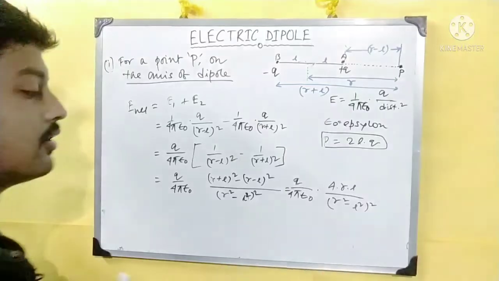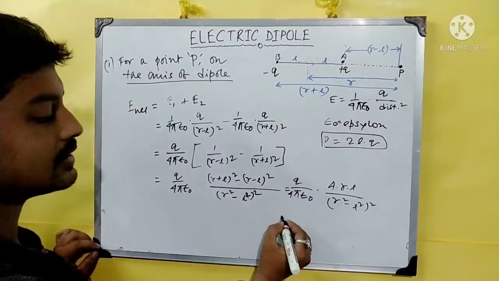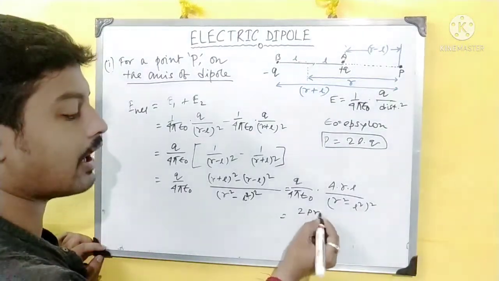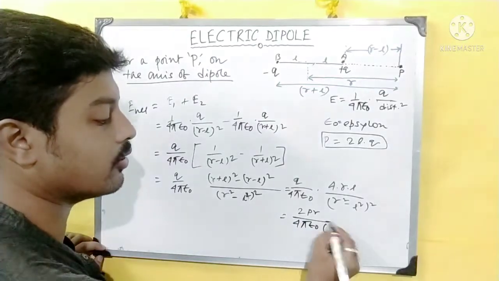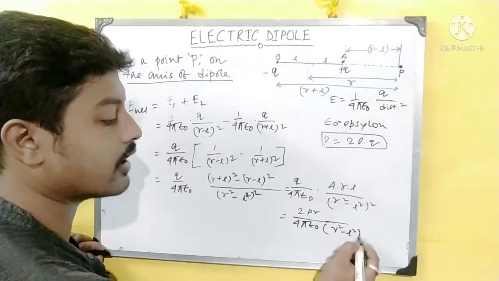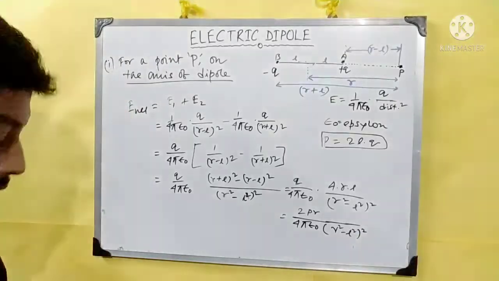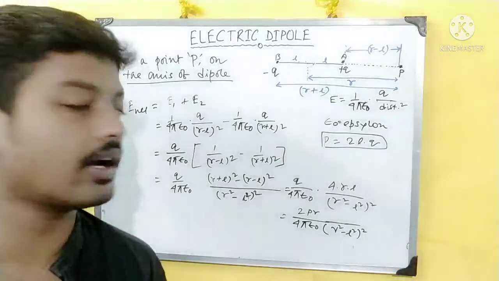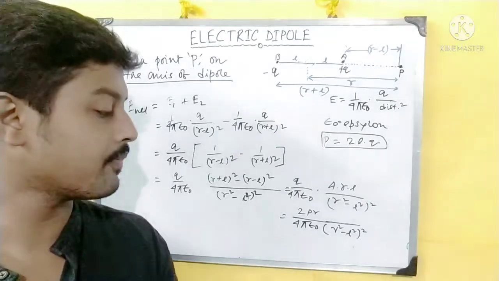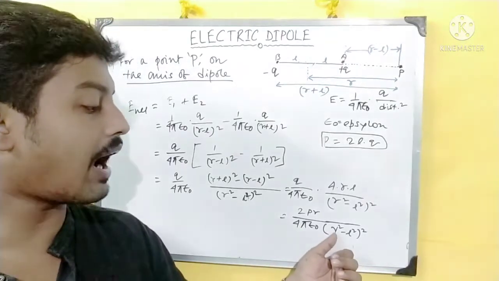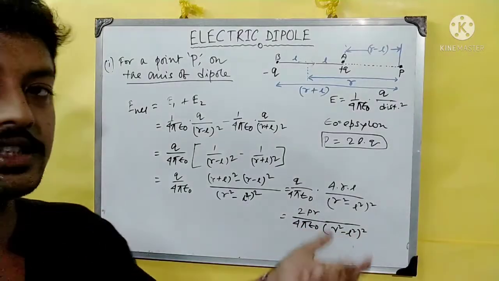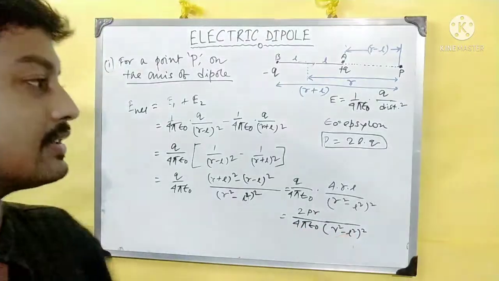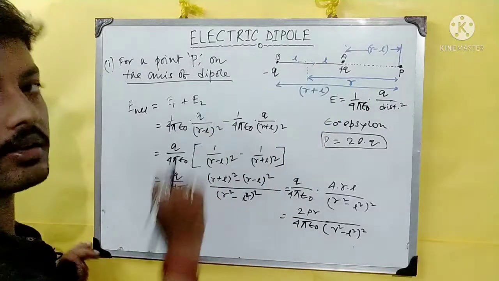So this expression is becoming 2pr by 4 pi epsilon 0 into r square minus L square whole square. Now similarly to what I have done in case of electric potential, we have to take this r as very greater than this L. L is very small, as I have mentioned that this distance will be very small.